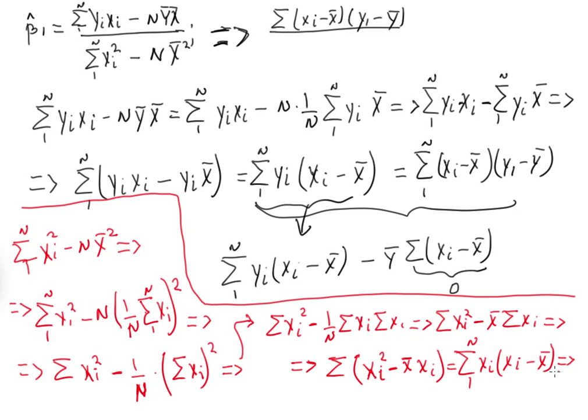And if you remember, this simple expression can be more simply written in this form: the sum from 1 to n of xi minus x bar squared. This is again from my first video on summation operators, where if you expand this expression you end up with this basically.